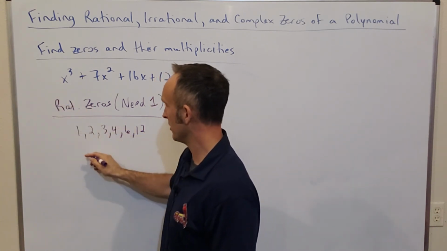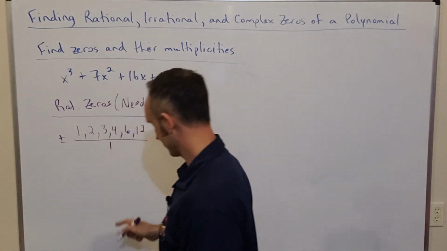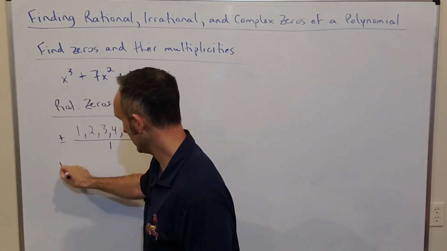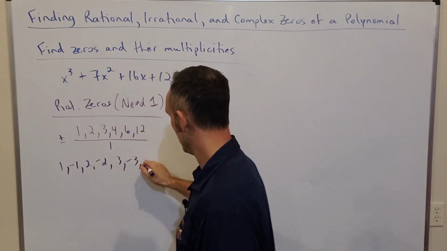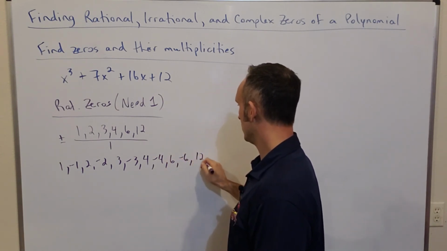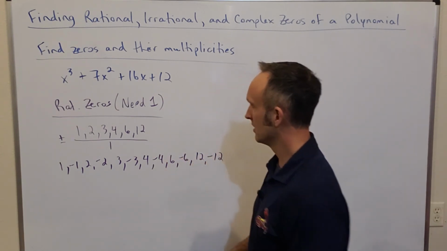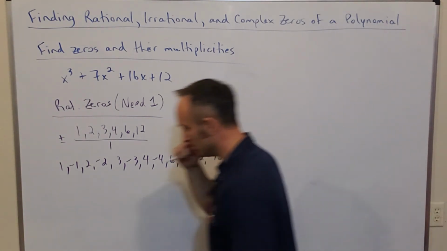My possible denominators are the factors of 1, so that's just 1. So basically I get 1 and negative 1, 2 and negative 2, 3 and negative 3, 4 and negative 4, 6 and negative 6, 12 and negative 12, okay? A lot of possible zeros. I just need one of them.